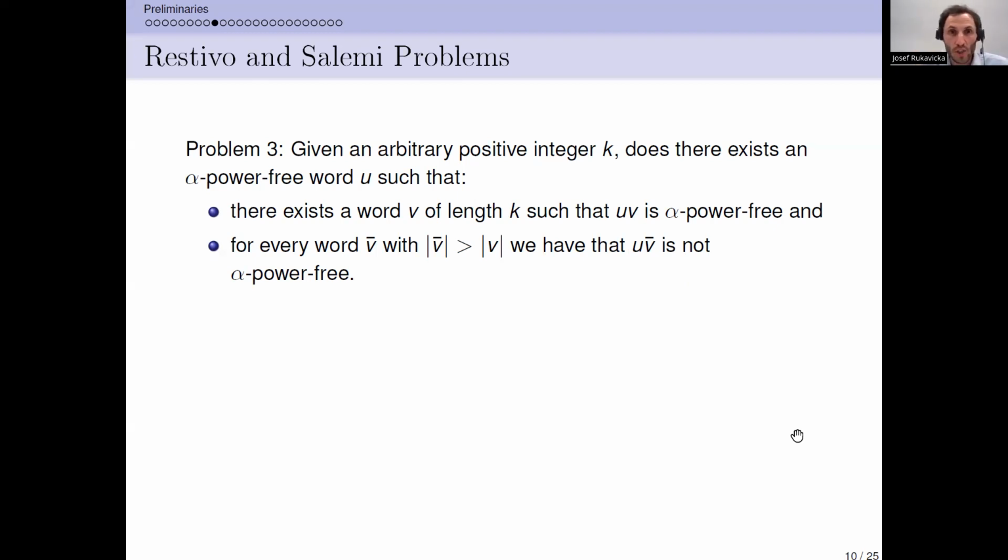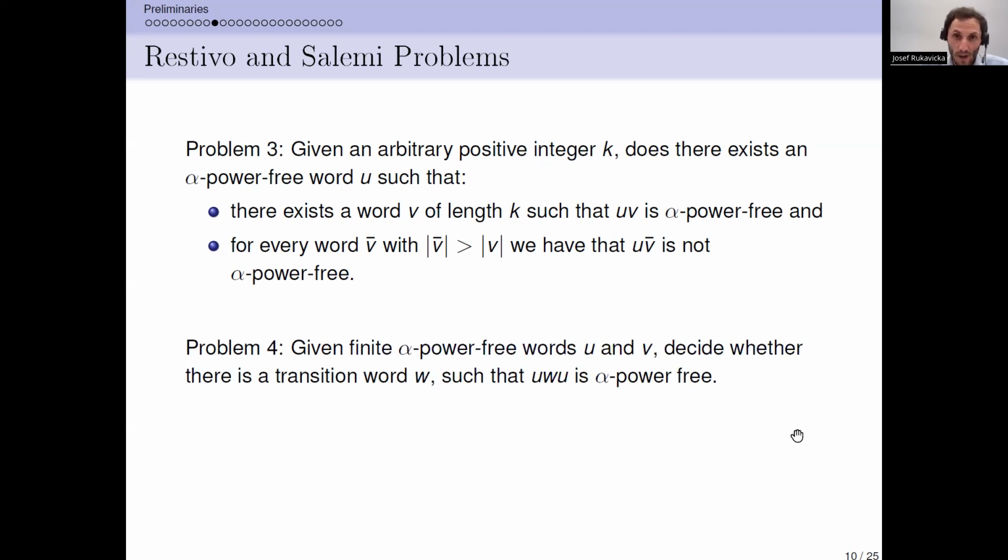So this concerns words that are not extendable into infinity; we are looking for the maximal extension of them. This is what problem 3 is about. Now we are coming to problem 4.